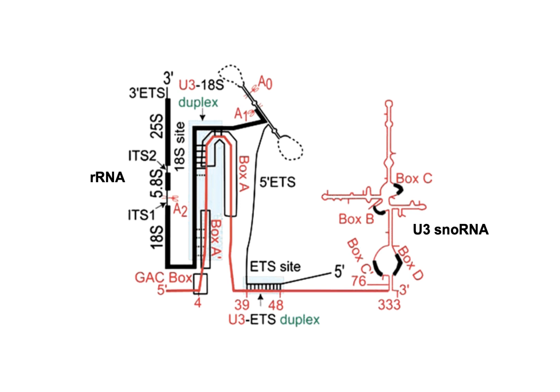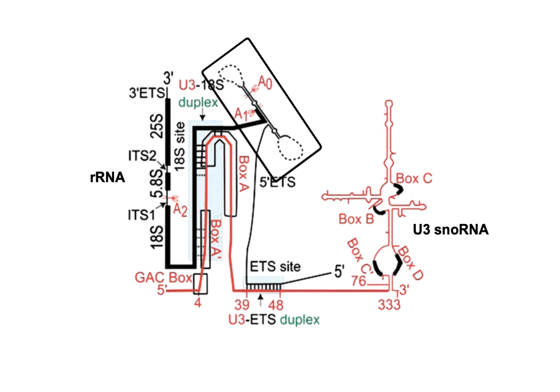And it has these different sequence boxes, the GAC box, the A box, the A prime box, etc. And then here's the primary transcript of ribosomal RNA. So the 5' end of that sticks to this region of the snoRNA.